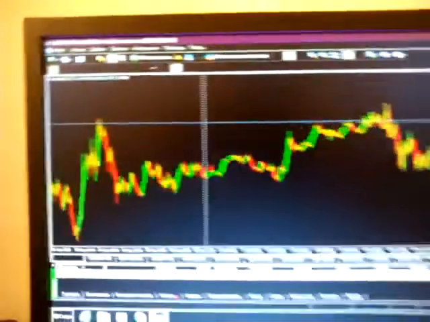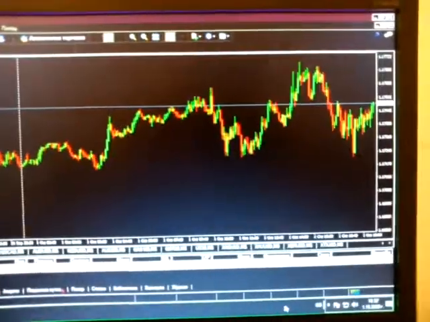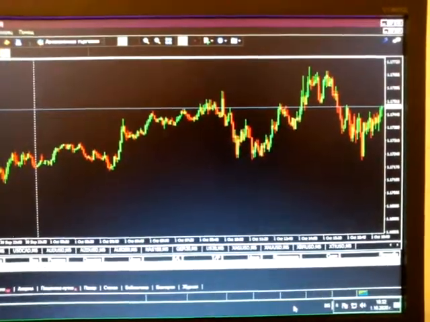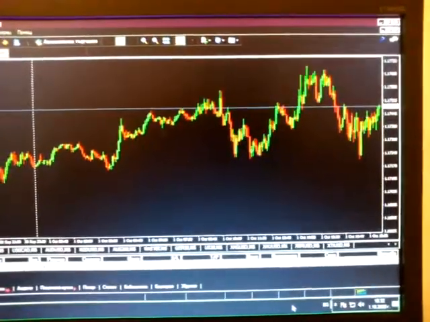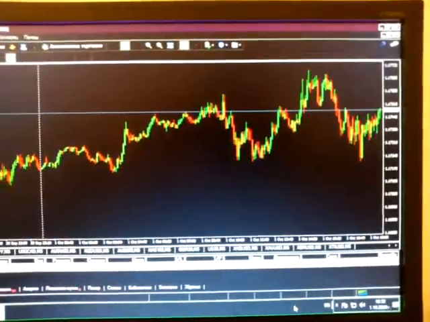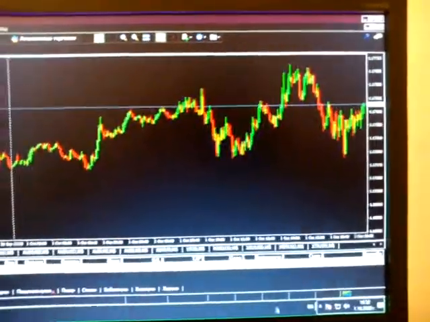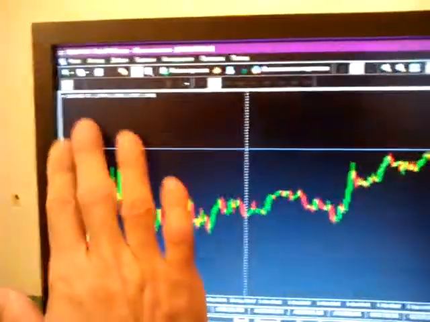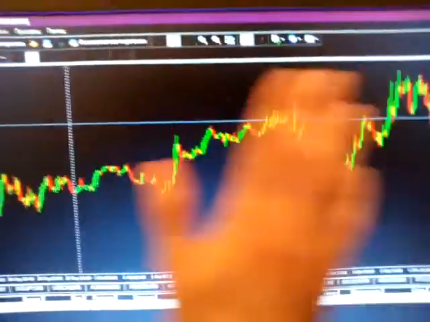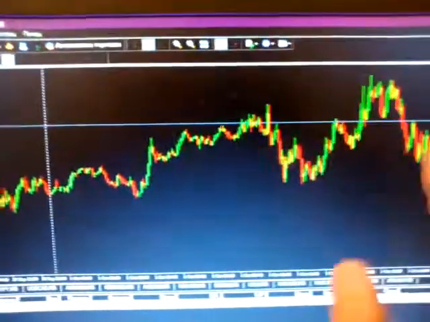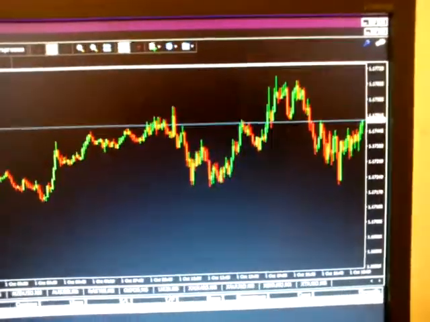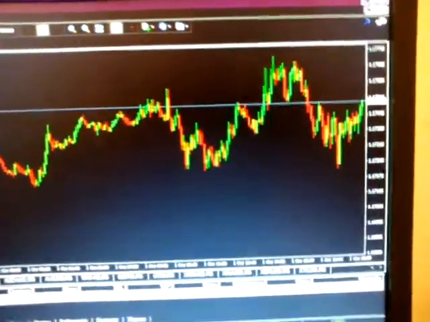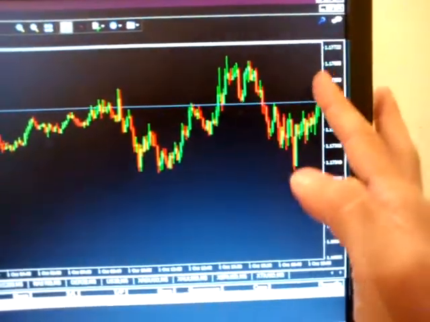So when you see the past of a price movement of a certain instrument, you do not know what is the future, okay? Now, here is the past, okay? This is the past. It doesn't matter how far in the past it goes.